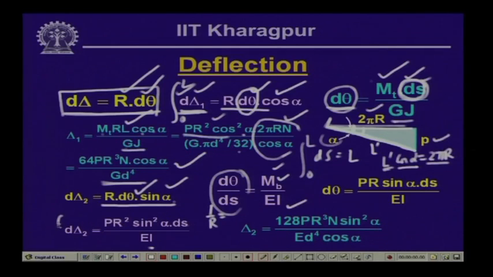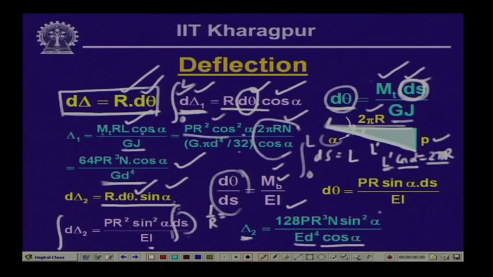If we integrate this, we get delta 2, and this integral ds will give us the length, and the length as usual will again be 2πrn divided by cos alpha, and if we substitute that, we get the value of delta 2 as equal to 128 P r cube n sin square alpha by E d^4 cos alpha.